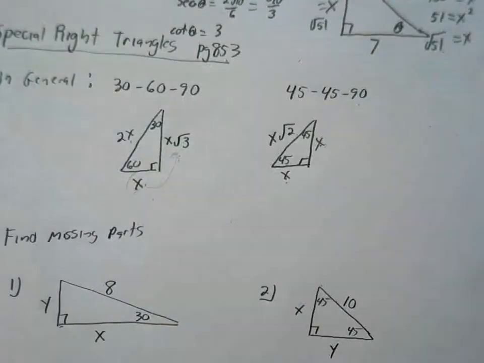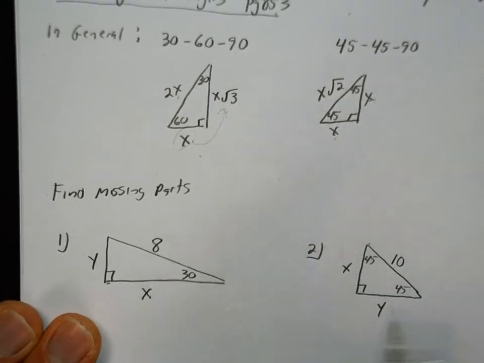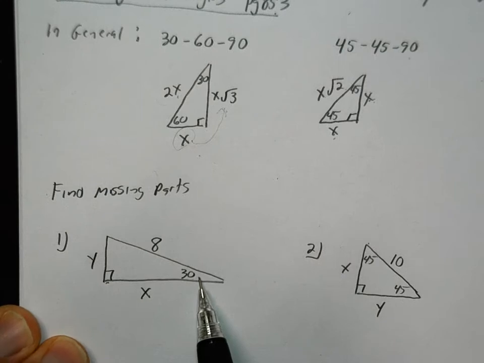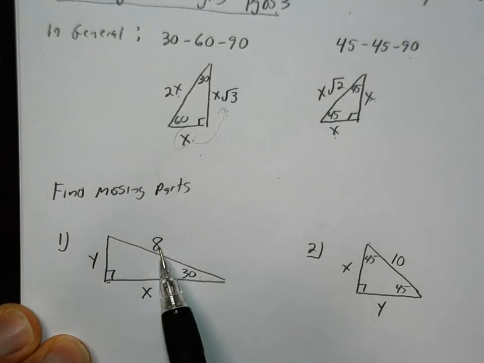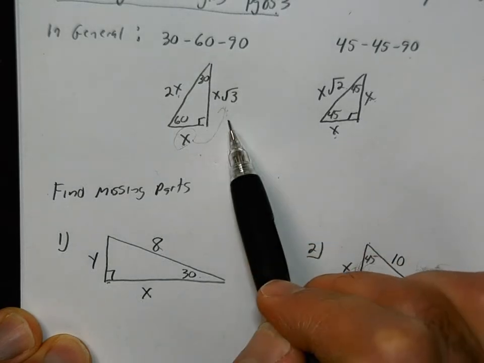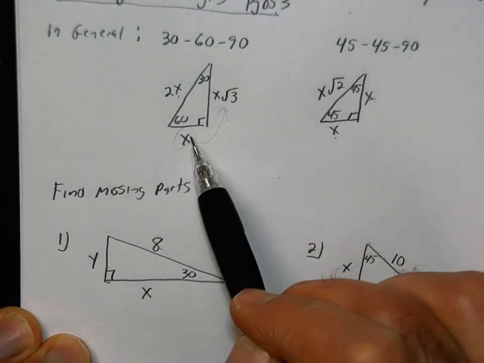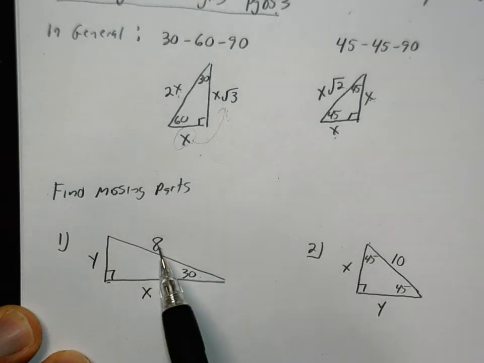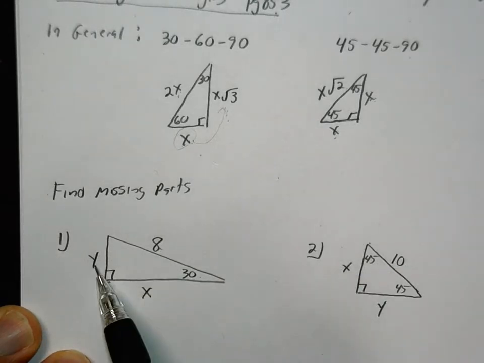So we're going to use that information to solve for missing parts of triangles. For example, let's say I've got this triangle here. I've got a 30-degree angle. I've got the hypotenuse. So I have to use this general rule, and I know that the hypotenuse is twice as long as the short leg. So if 8 is the hypotenuse, what's the short leg going to be?